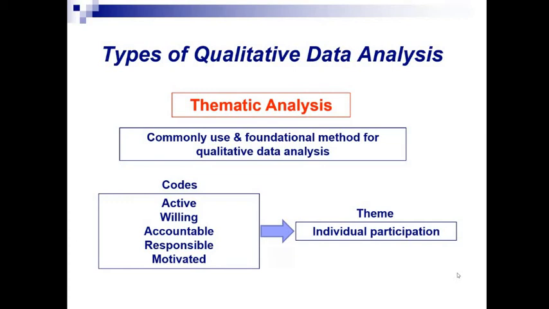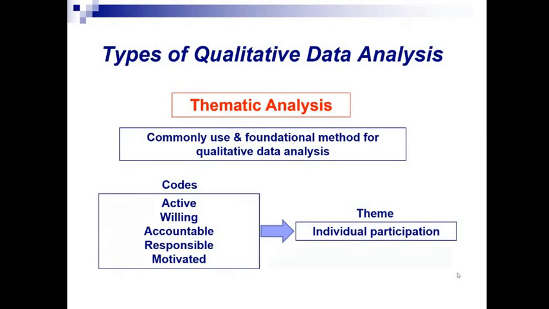On the other hand, when we speak of plants, plants is considered to be the theme. Under plant, we can have vegetables, fruits, flowers. All of those are considered your codes that can be grouped together in a broader concept we call plants. Okay, so that is how we actually do it in thematic analysis.